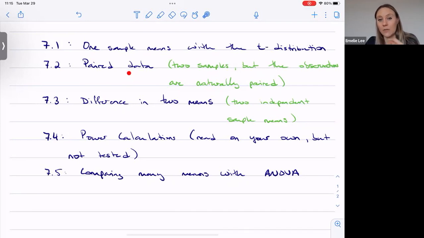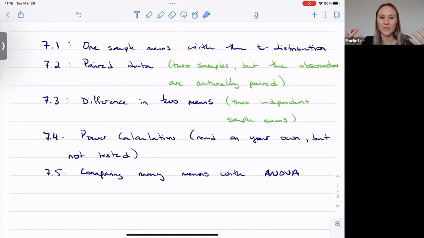So before and after test scores, for example, or kind of exercise scores or something like that. So we usually have kind of before and after. So then we have these naturally paired observations, which are different from how we deal with just two independent samples.